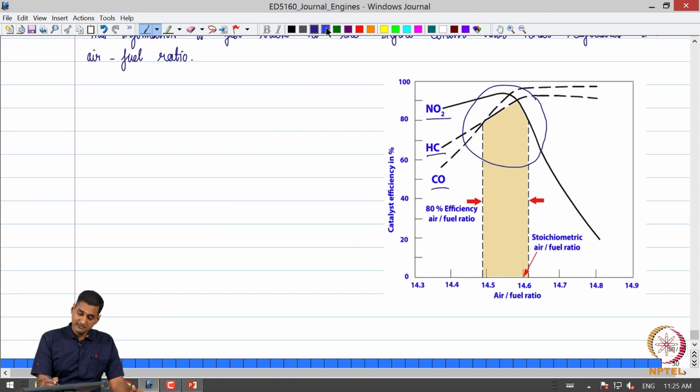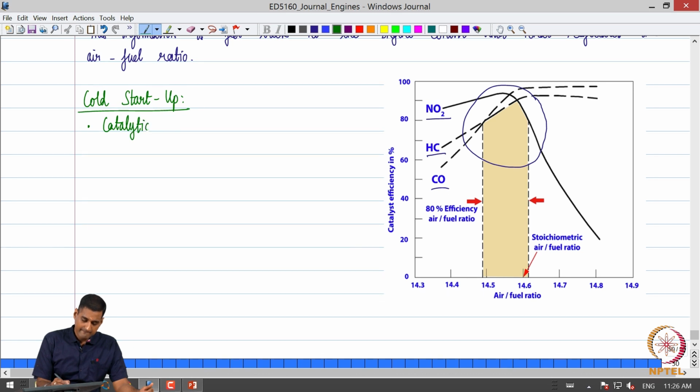Another issue with the catalytic converter that we need to be aware of is the so called cold startup. So, what is cold startup? Catalytic converters are not very efficient when cold.